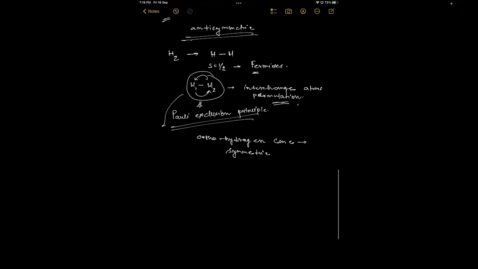Now interchange means you are rotating, right? You are achieving a particular rotational state. So the nuclear wave function is symmetric. Now the rotational state has to be antisymmetric in this case, because the total wave function has to be antisymmetric.